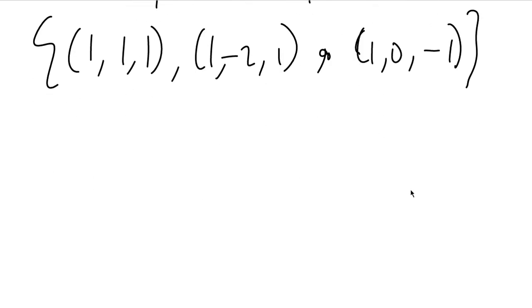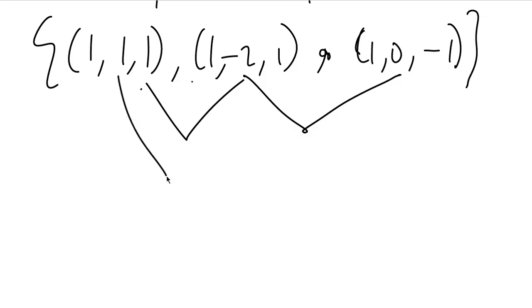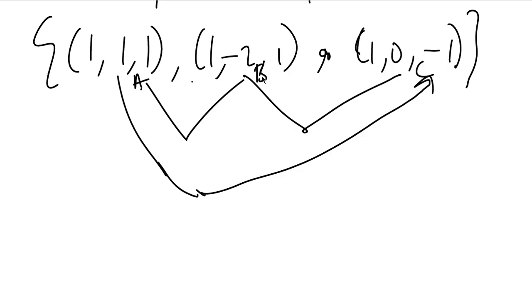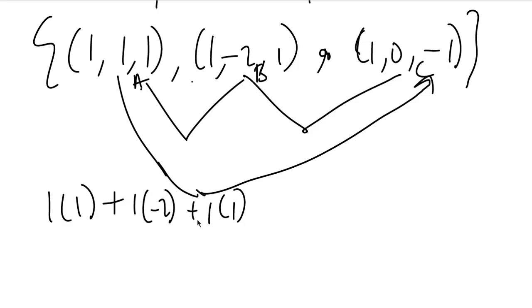All we need to do is pick these two vectors, this with this, this with this, and then finally this with this, right? So picking A, B, C: the dot product of A and B is going to be what? 1 times 1 plus 1 times negative 2 plus 1 times 1, right? That's 1, negative 2, and then plus 1, which is negative 1 plus 1, and that's 0, right?